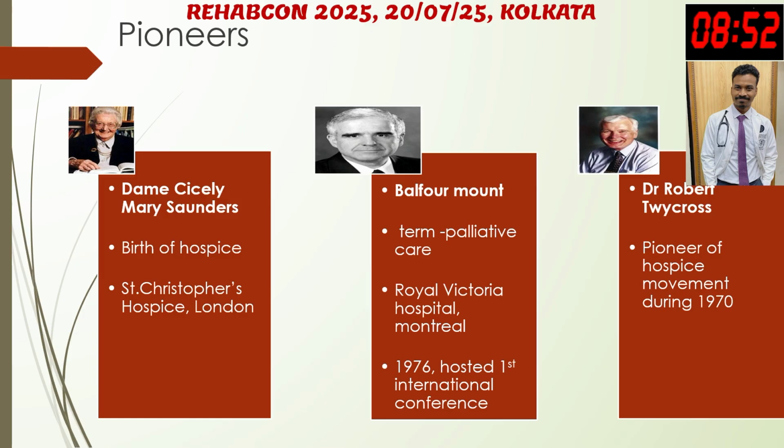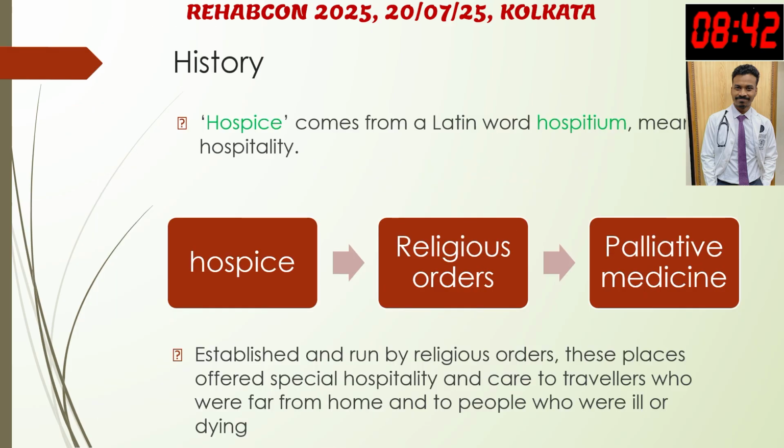And then Dr. Robert Krikos was the pioneer of the hospice movement during the 1970s. When we talk about hospice, we have to know what the meaning of hospice is. Hospice comes from the Latin word hospitium, which means hospitality. It's not a concept which has come in the last few years or decades. It is a prolonged process which started in the Middle Ages.